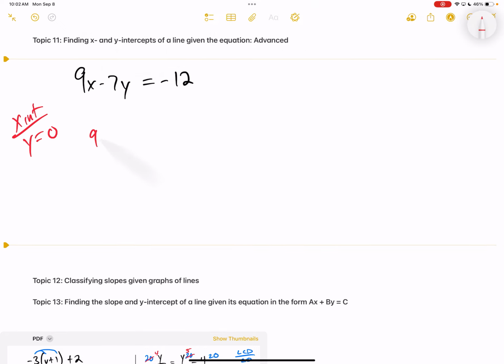So I do 9x minus 7 times 0 equals negative 12. 7 times 0 is 0, so this is just 9x equals negative 12. Divide by 9. And x is negative 12 ninths, or you could divide those both by 3 and get negative 4 thirds.